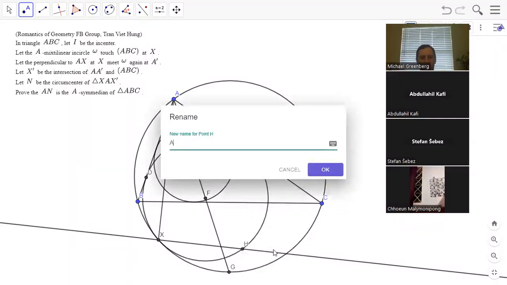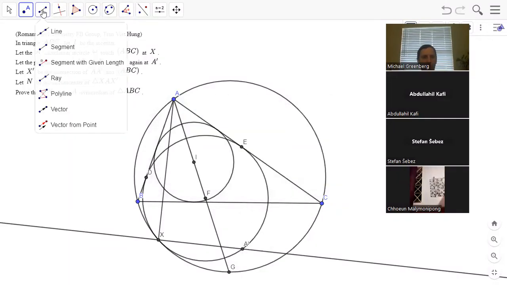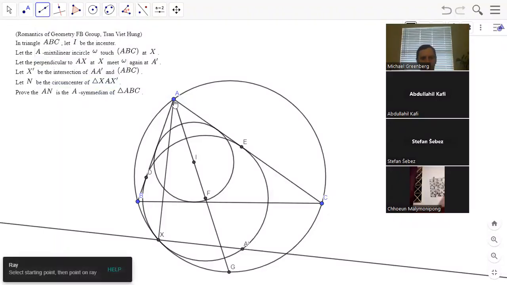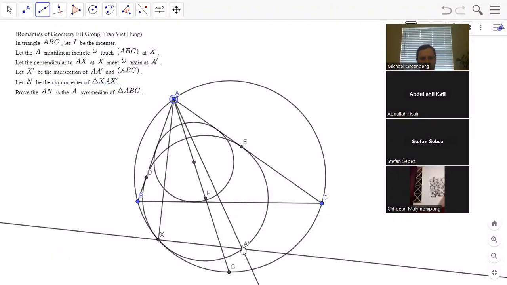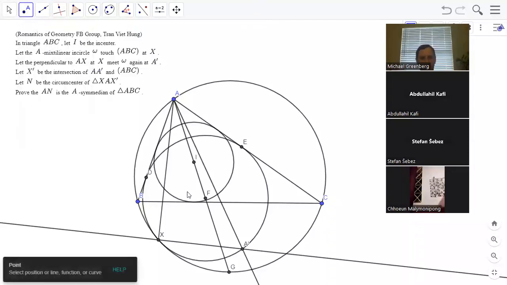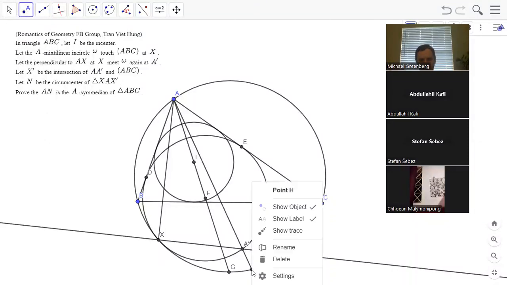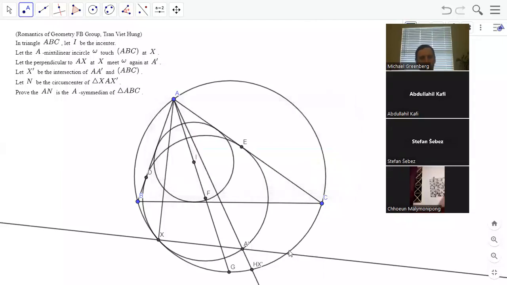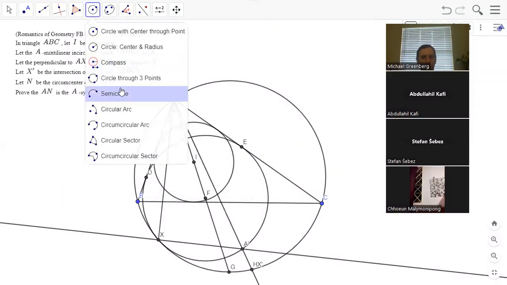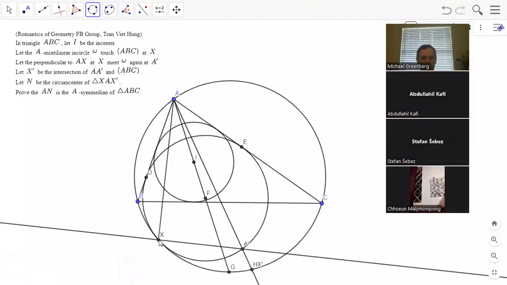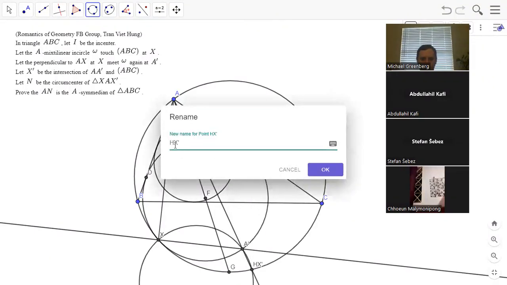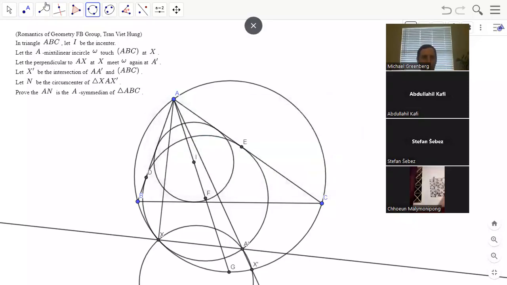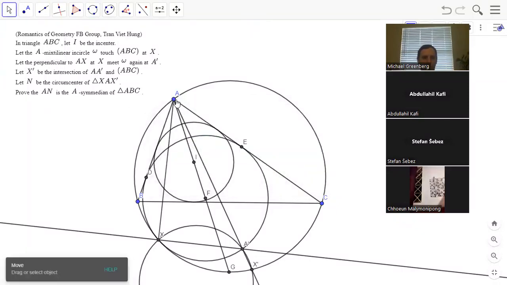And then we draw A prime, and it meets the circle at X prime. And then we draw the circumcenter of XAX prime. And that is supposed to give us its median. Whoops, this should just be X prime here. So N is the center.